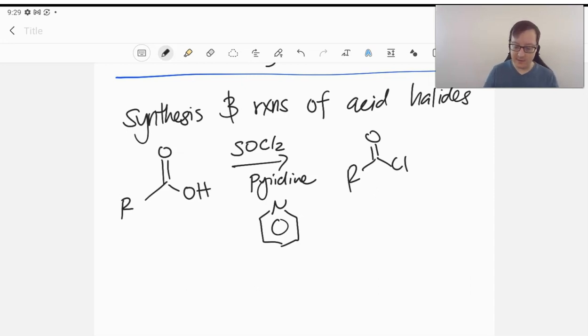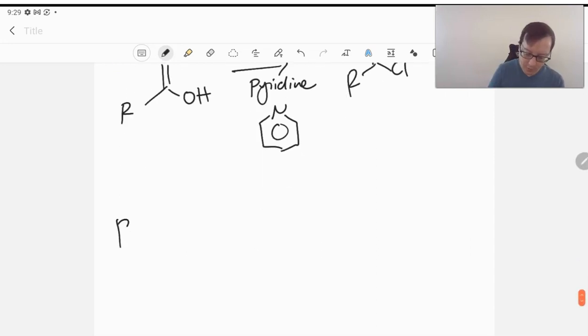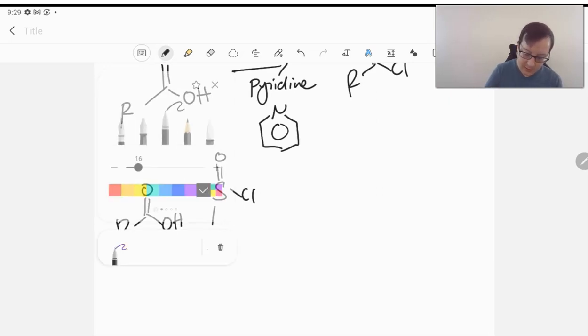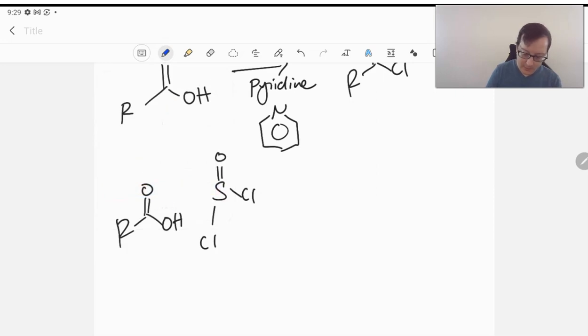Let's take a look at the mechanism for how this chloride comes to be. All right, remember that thionyl chloride. I'm going to just draw it like this. So we have our S double bond O bond, which is nice and electrophilic.